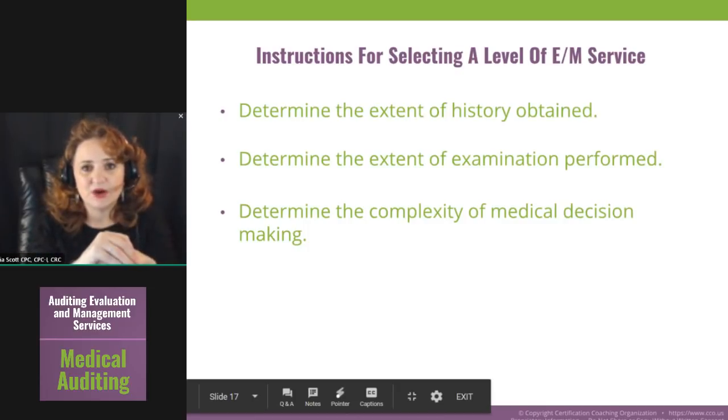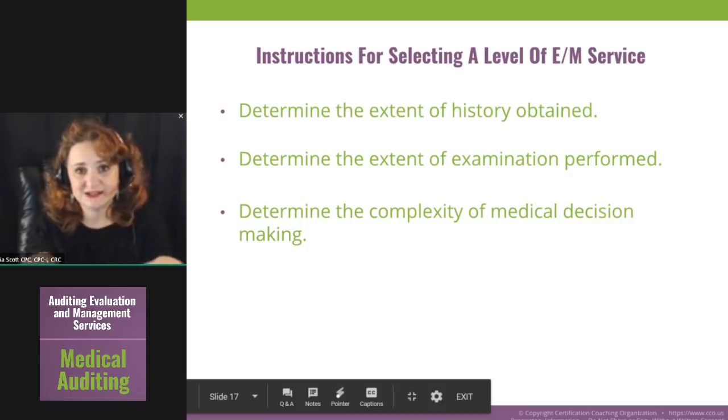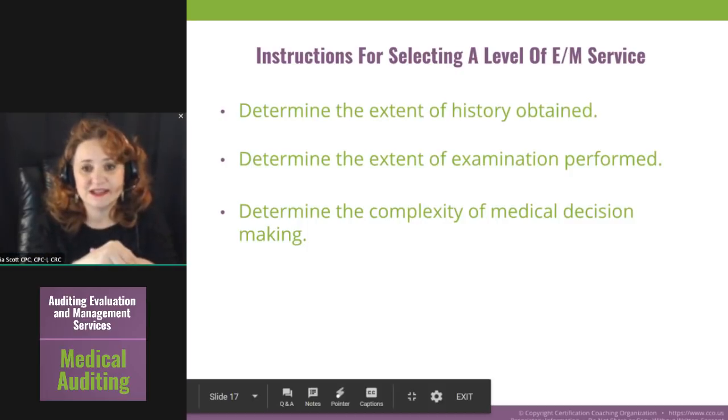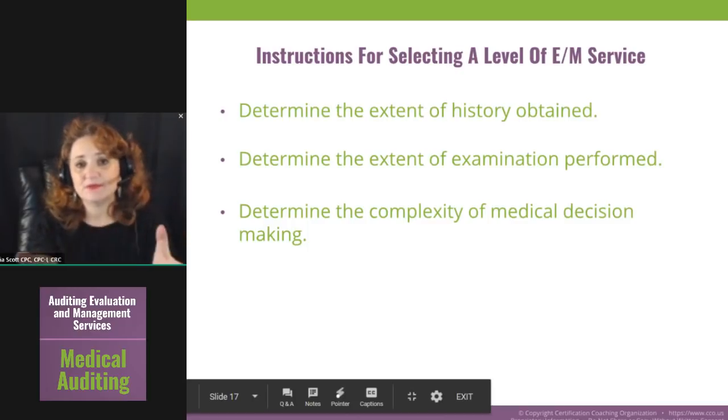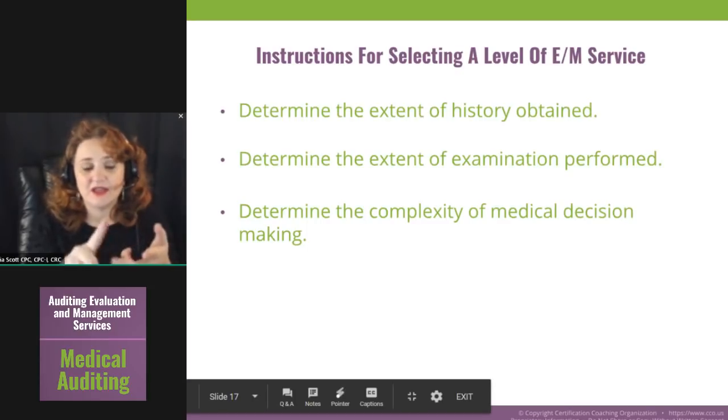The first thing we need to know is the history. Now that's probably, in my opinion, the easiest component to look at. So you've got personal, family, and social history, 3 things that you look at, and it's usually pretty blatant, right? Family history: the patient's mother died of breast cancer, and the patient's father is alive and healthy with no chronic conditions.